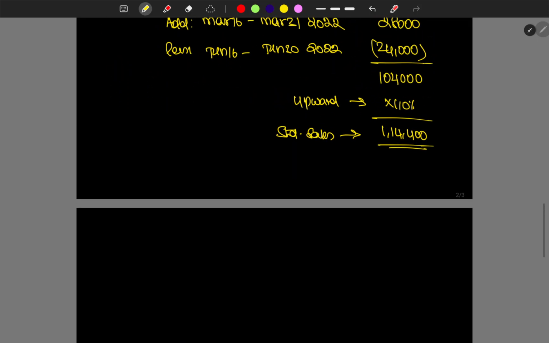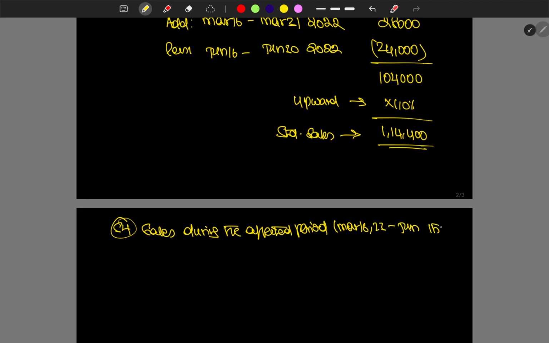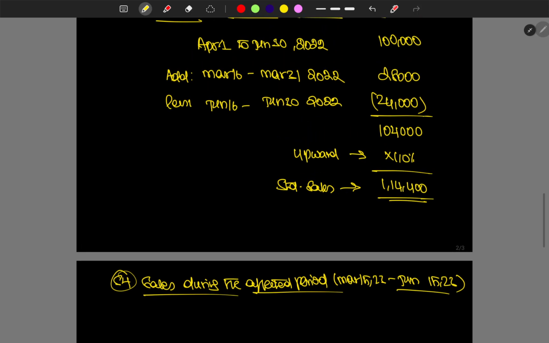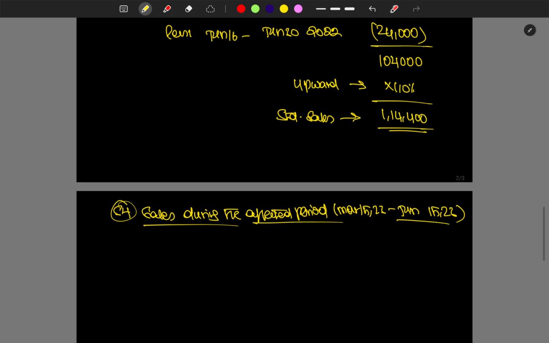Then the fourth step, which is sales during the affected period. What's the affected period? March 16, 2023 to June 15, 2023, right? Now for this also we are going to follow the same approach.